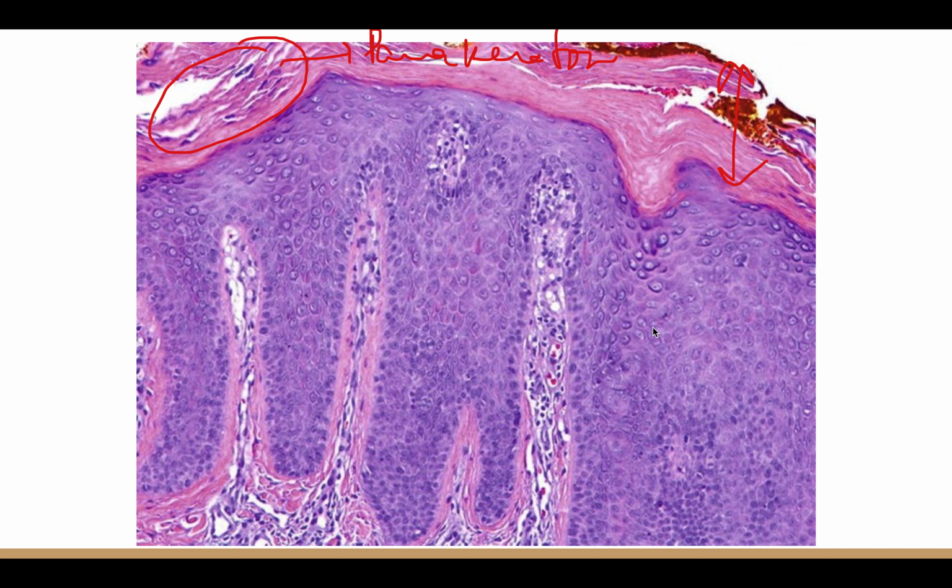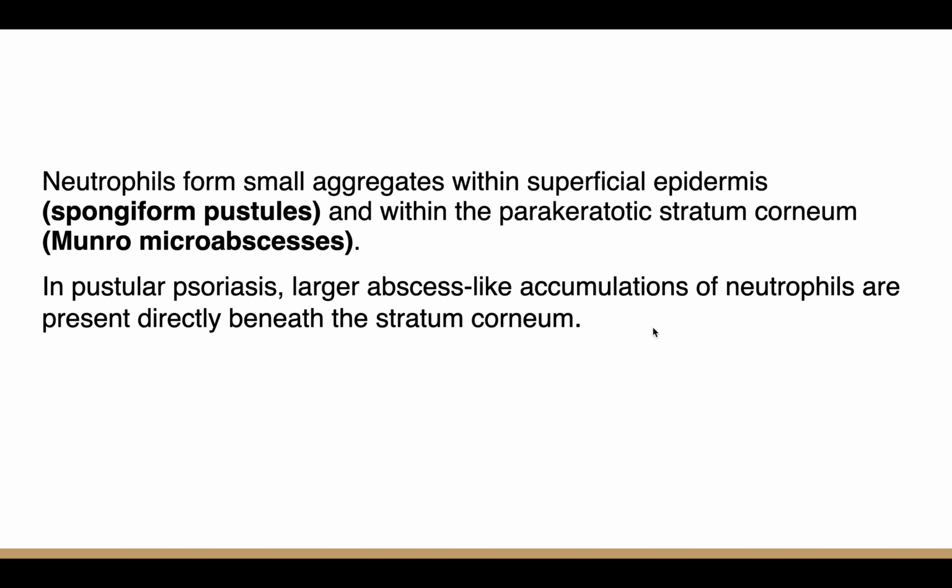Then you can see the rete ridges which are projecting downwards. In between the rete ridges you can see some vessels proliferating. So this is a picture of your psoriasis. We already discussed Munro's microabscess, the neutrophils seen in the stratum corneum. If these neutrophils are seen in the superficial epidermis, it is known as spongiform pustules.